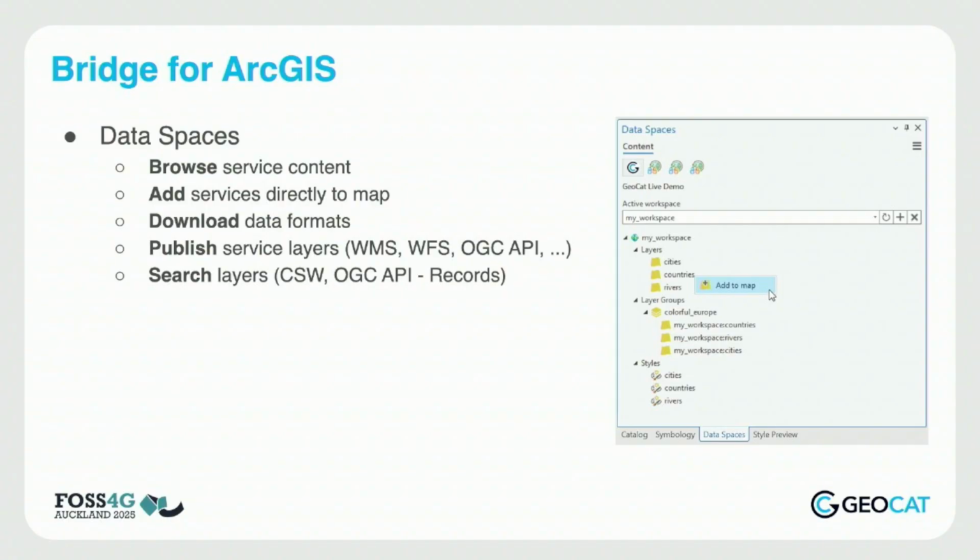So also, this is a bit more on that doc. So the data spaces doc, you can browse the content in your particular server, and you can have multiple servers configured.